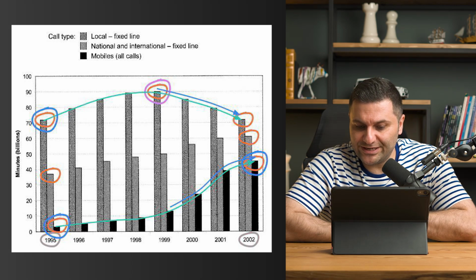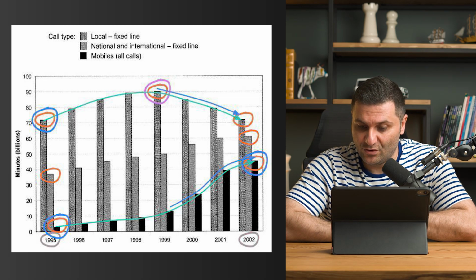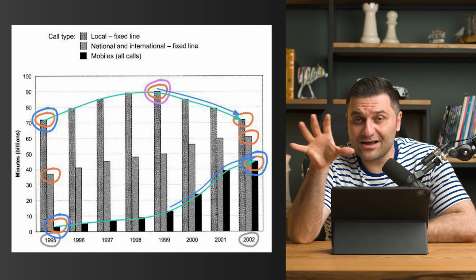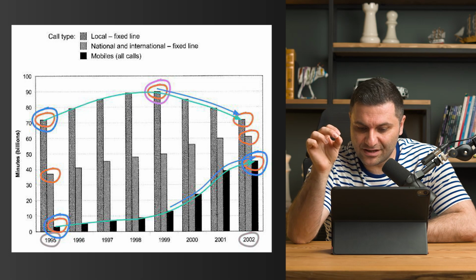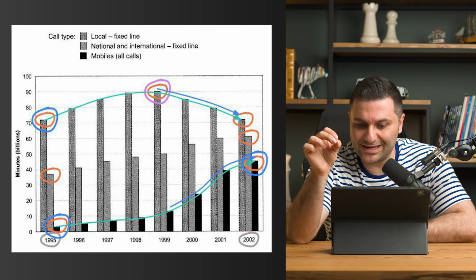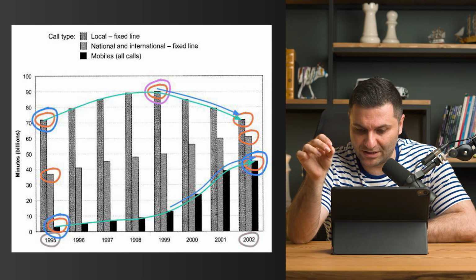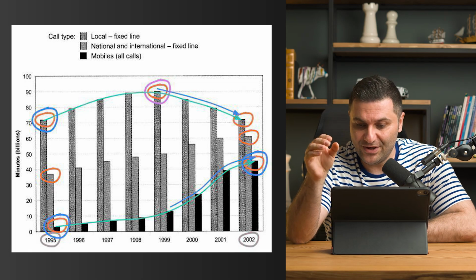For example, in 1995, the highest point is local fixed line, and the next one is national and international fixed line, which is around 38, and the lowest point is mobiles in 1995.